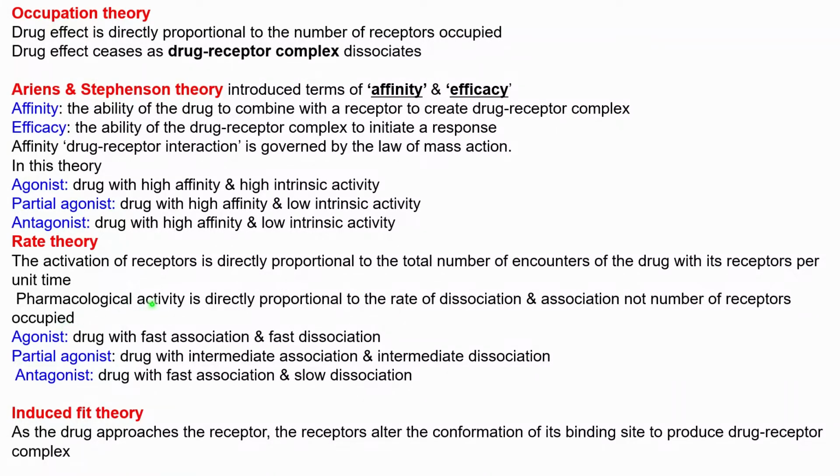In this case, agonist is drug with fast association and fast dissociation, partial agonist, drug with intermediate dissociation, and antagonist, drug with fast association, slow dissociation.